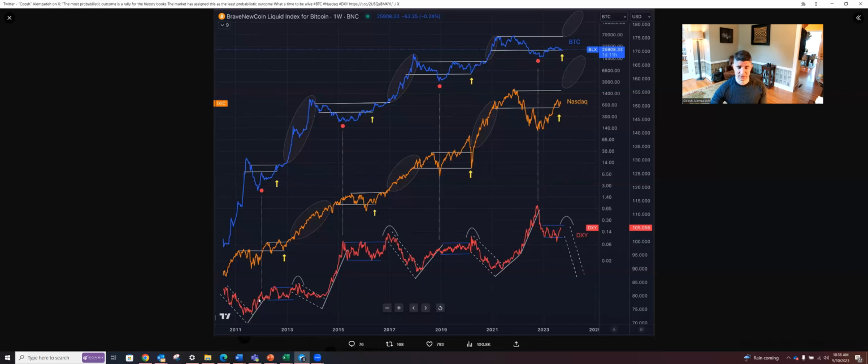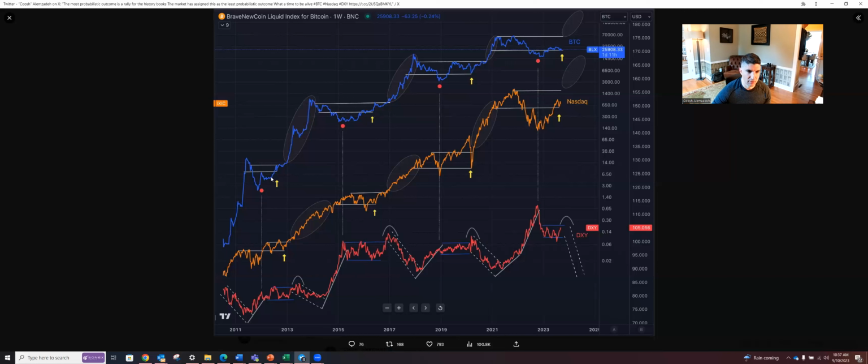2015 didn't correlate, 2011 didn't correlate. But let's just notice some structural differences in what the dollar did then versus now. So it broke its uptrend and then it went sideways for a period. And in that sideways period, you saw the Nasdaq consolidate, and then that was right before it made its next move up.